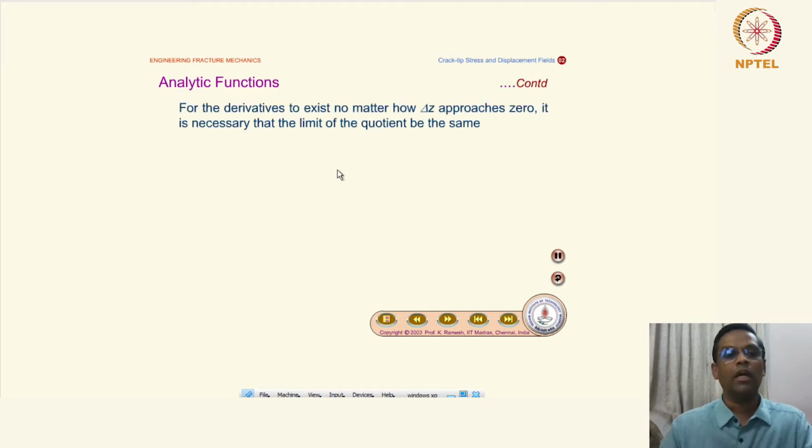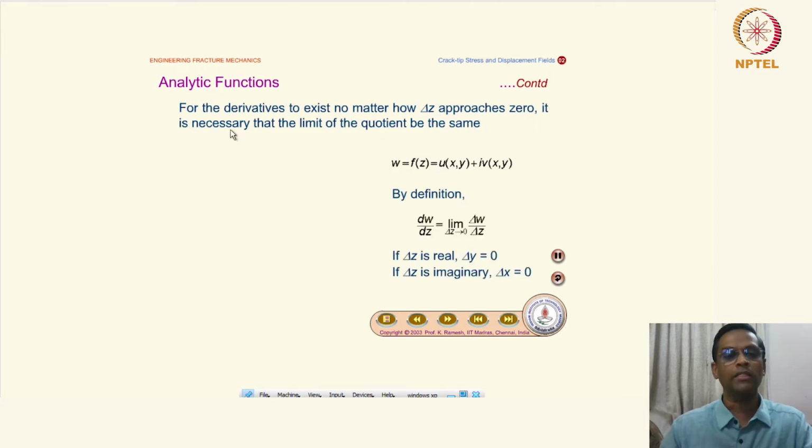And for the derivative to exist, no matter how delta z approaches 0, it is necessary that the limit of the coefficient be the same, which is shown in this graph.